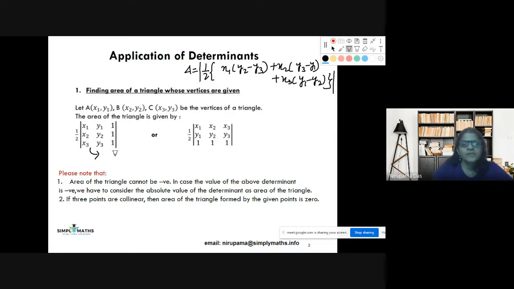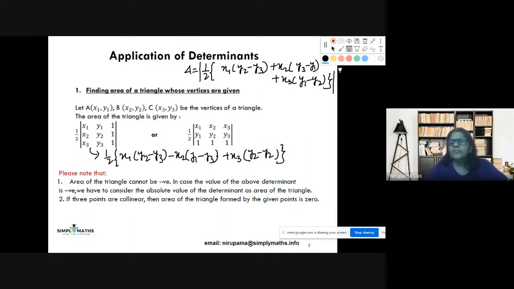If I expand along the first column, x1 into (y2 minus y3), then minus x2 into (y1 minus y3), plus x3 into (y1 minus y2). Just observe whatever I'm doing, whether it is correct or not, whether it is matching or not. So now, are we getting the same thing?